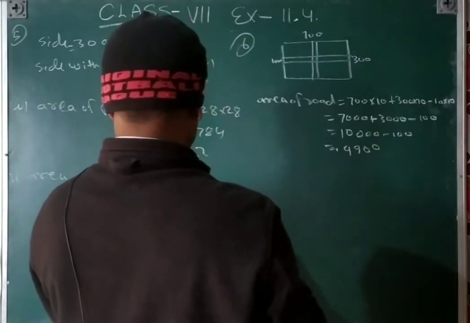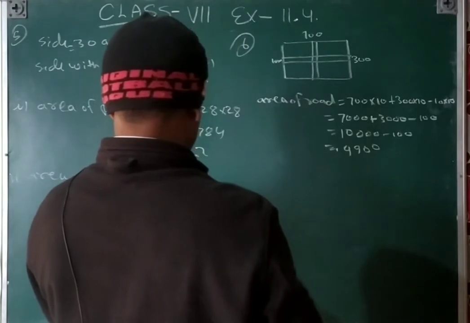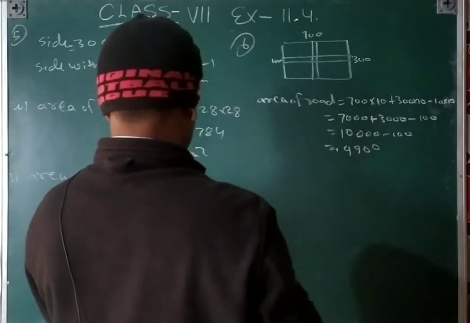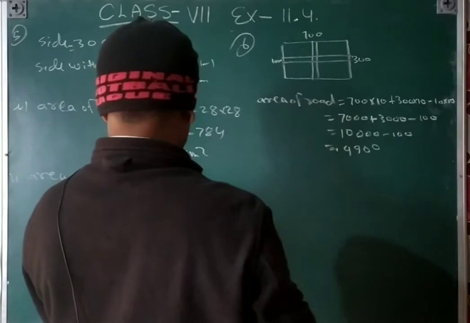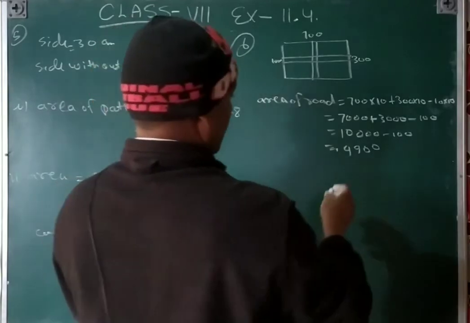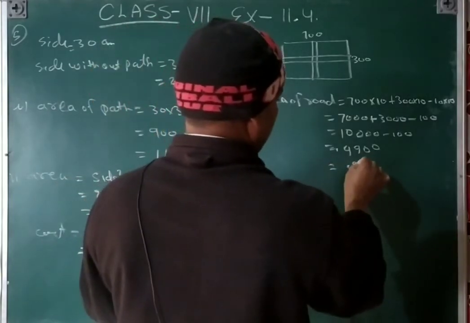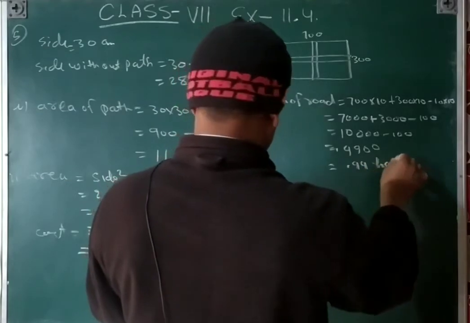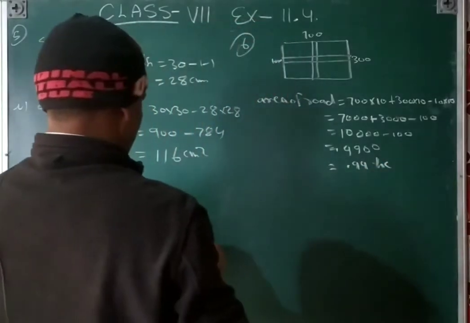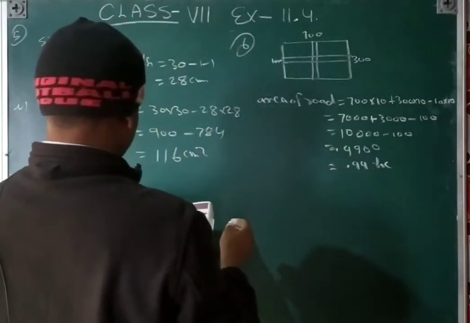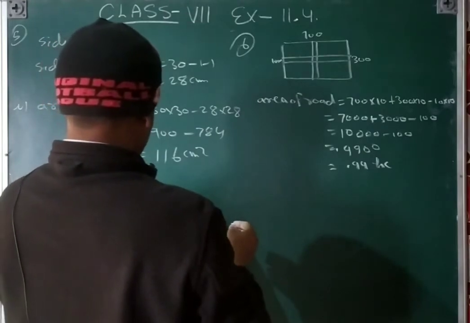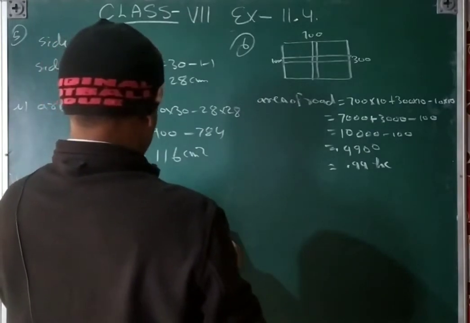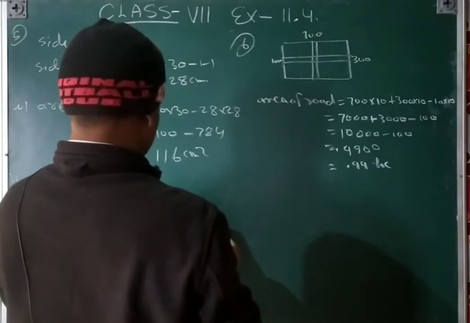And then find the area of road. Also find the area of park excluding cross road. Give answer in hectare. If you find it in hectare, then 0.99 hectare will become the area of the 2 cross roads, each of the rectangle through the center of the rectangular park.